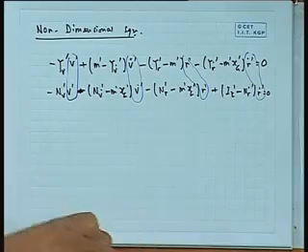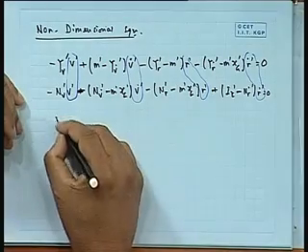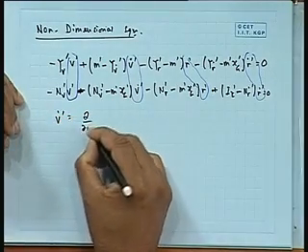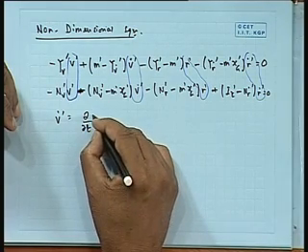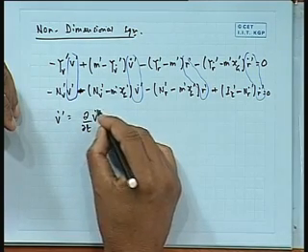We can do actually even better. You see, v dot dash equal to d by dt of v dash.